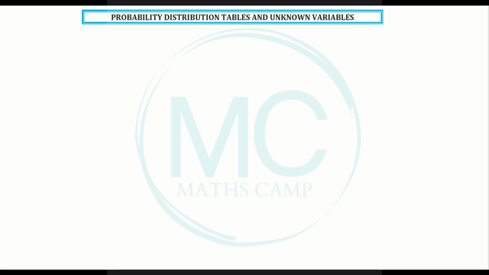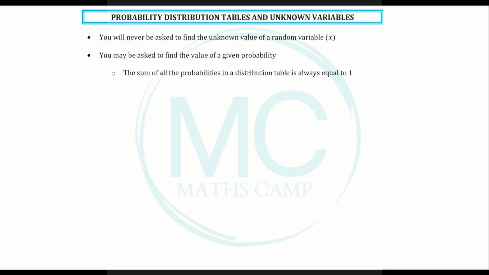Now I'd like to look at probability distribution tables and unknown variables. You will never be asked to find the unknown value of a random variable x, but you may be asked to find the value of a given probability. Remember that the sum of the probabilities in a distribution table is always equal to 1, and you can use this to create an equation to solve for an unknown.